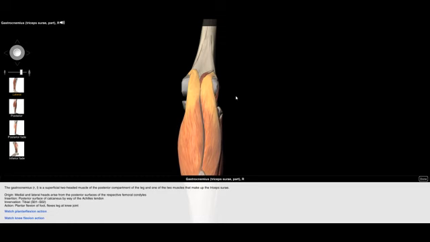And if the femur connects to the hip, then our gastroc has a direct influence on hip rotation as well. Kind of interesting to say, wow, I never put those two together. But let's keep that in mind.